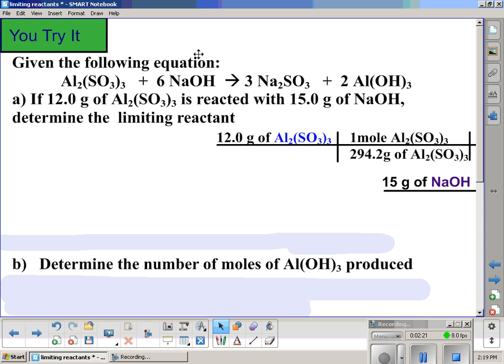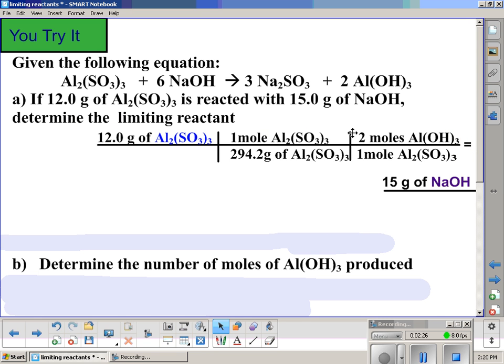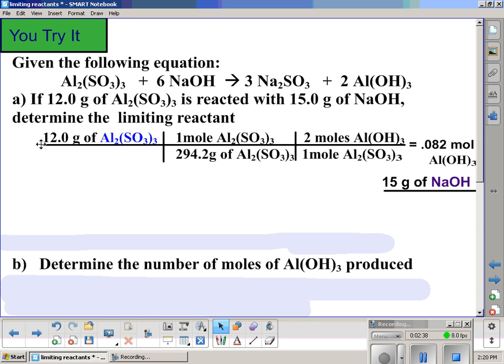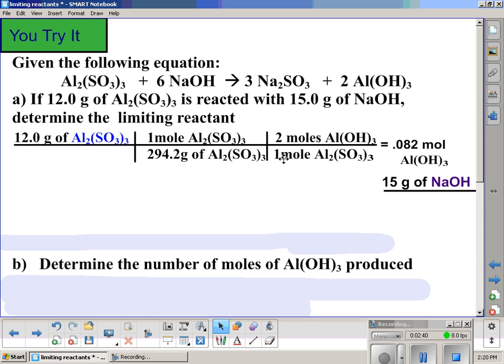Moles of aluminum sulfate to moles of aluminum hydroxide: 2 moles of aluminum hydroxide for every 1 mole of aluminum sulfate. And our stoichiometry problem is complete. It's got us 2 moles of aluminum hydroxide, which is what we want. So we push the buttons on the calculator and it magically spits out 0.082 moles.